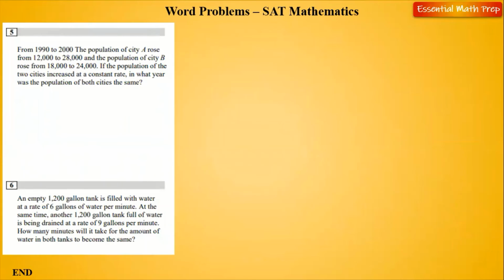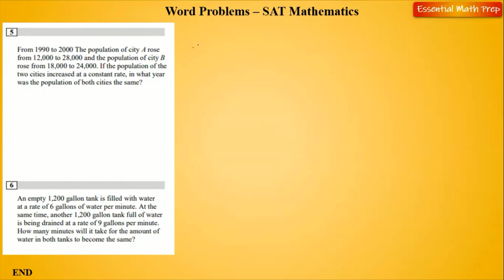All right, from 1990 to 2000, the population of city A rose from one value to another. Similarly, for B, it rose from one value to the other. It's asking if the population of the two cities increased at a constant rate, and in what year would the population of both cities be the same.